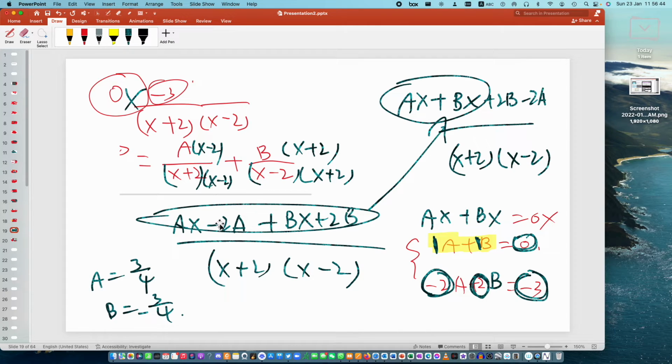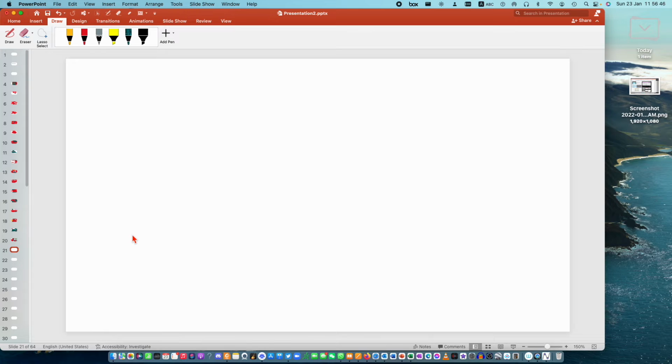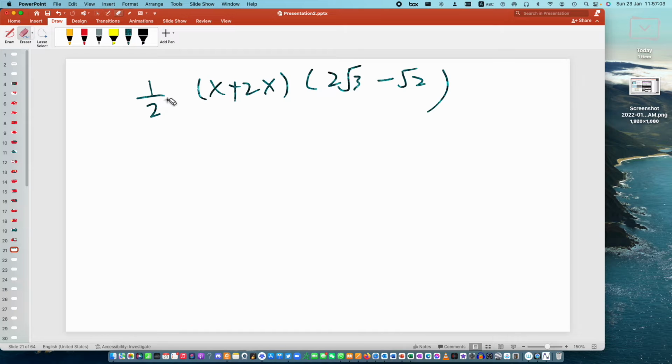Let me see. Half x plus 2x, 2 square root 3 minus 1 square root 2. This one, right? Yeah.